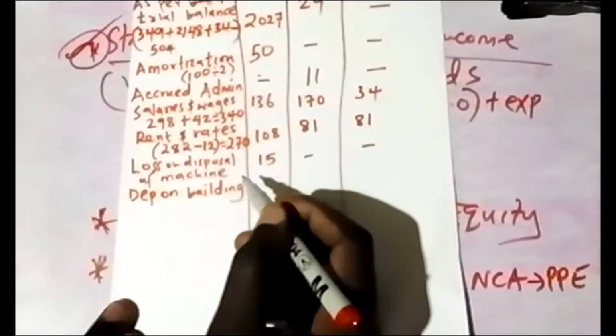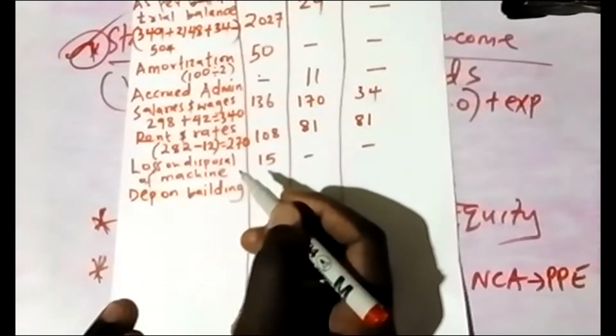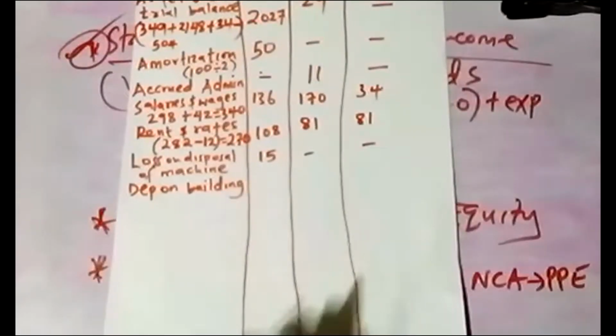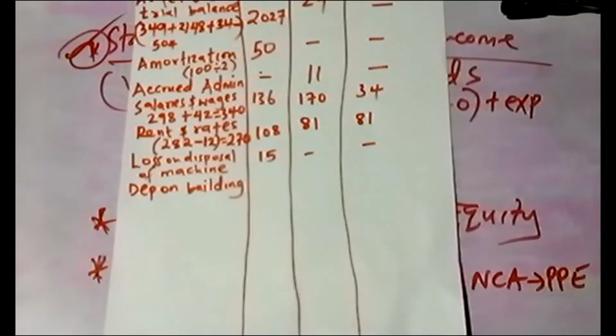So remember that it would be 2% on... what you are given in the trial balance is land and building.